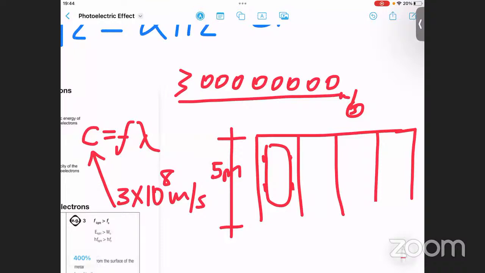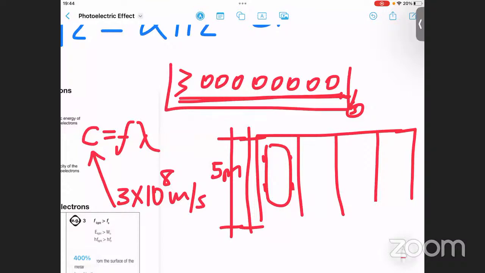So imagine how many of those 5 meters go into that. We are saying that's how far the light will travel in just 1 second.